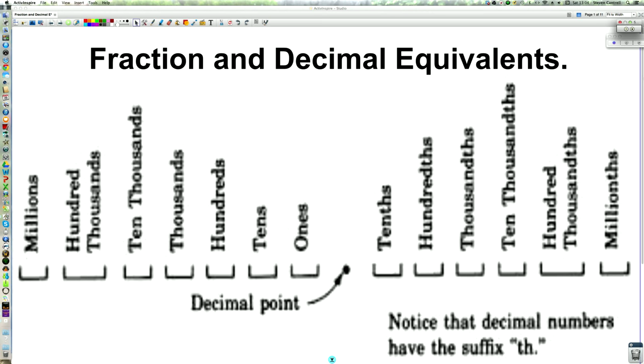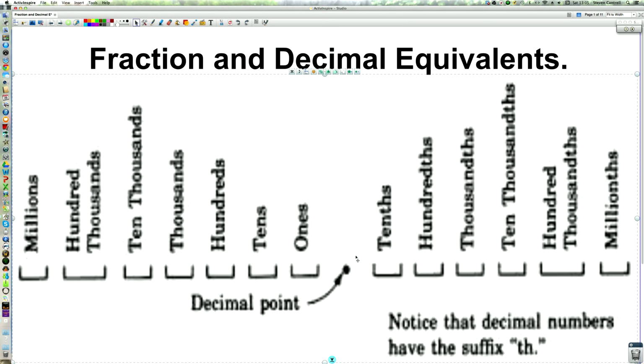All right, here. Notice that on our little number line on our title, I have put up this graphic of where the decimal point would go. This is our decimal point. Notice that to the left of the decimal point, it starts off with ones, tens, hundreds, thousands, and so on.